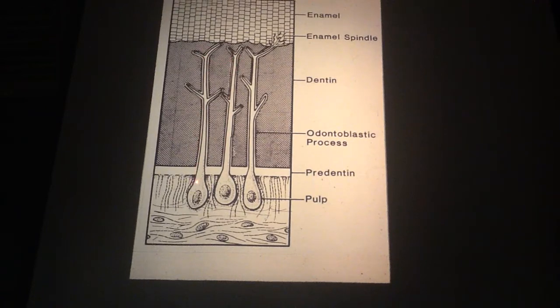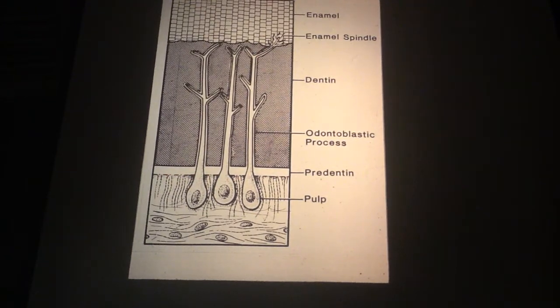So let's say the living processes now extend all the way through the dentin, and the cell bodies are at the edge of the pulp chamber, deep within. You see how they can get quite elongated as the dentin develops to the interior.